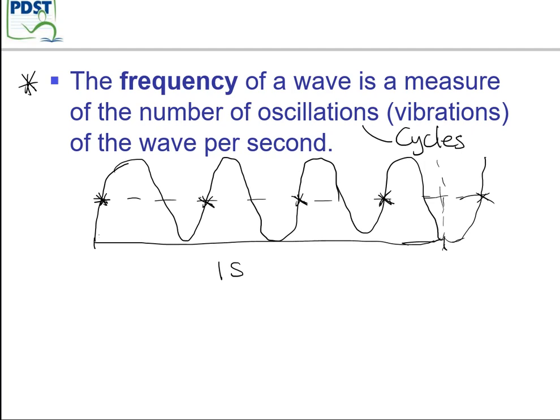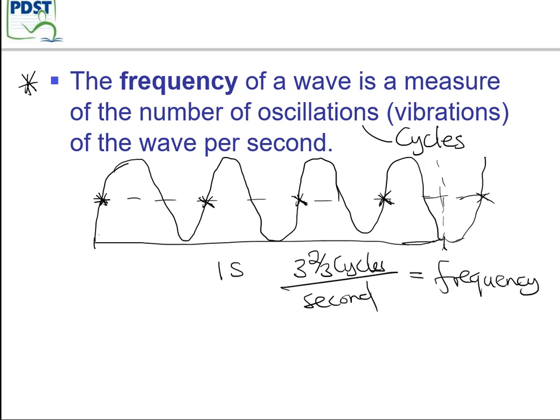So for this wave, we have 1, 2, 3 cycles, maybe 3 and 2/3. So we have 3 and 2/3 cycles per second. So that is what we call frequency. The number of cycles per 1 second. The number of waves or oscillations per 1 second is called the frequency of a wave.